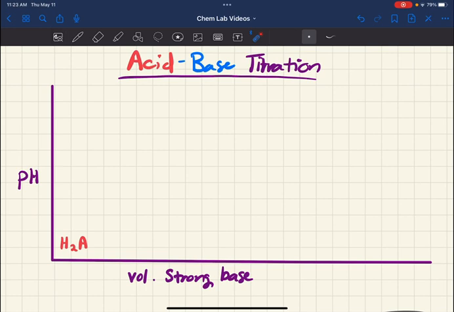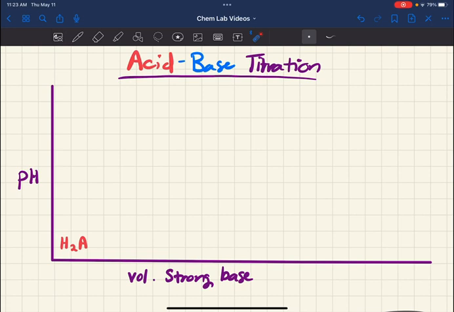And so in our lab, we will be using triprotic acids, which would be represented by an H3A, but we're going to use H2A, a diprotic acid, just as the example for this background explanation.